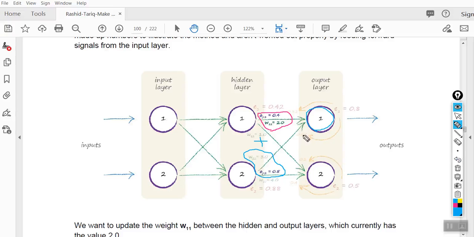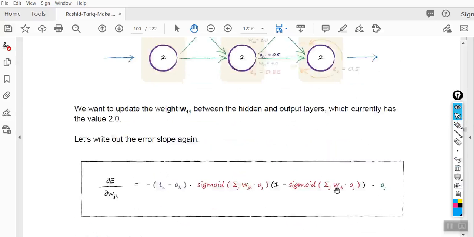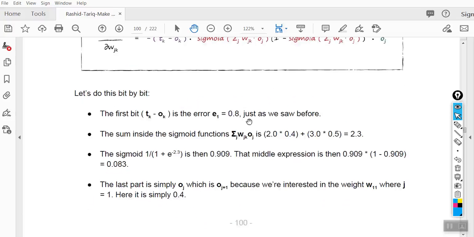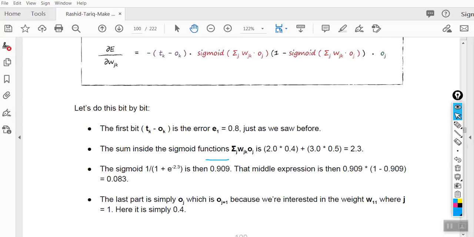After that, this is the input of this node. We must pass this input through the sigmoid function, the activation function. After putting this value in this sigmoid function, the result is here, and then the next term is 1 minus this sigmoid.